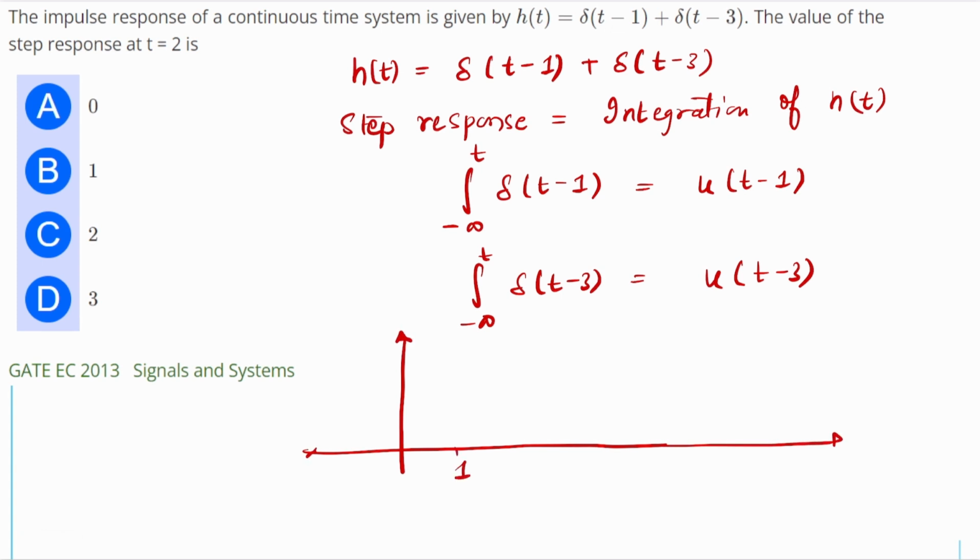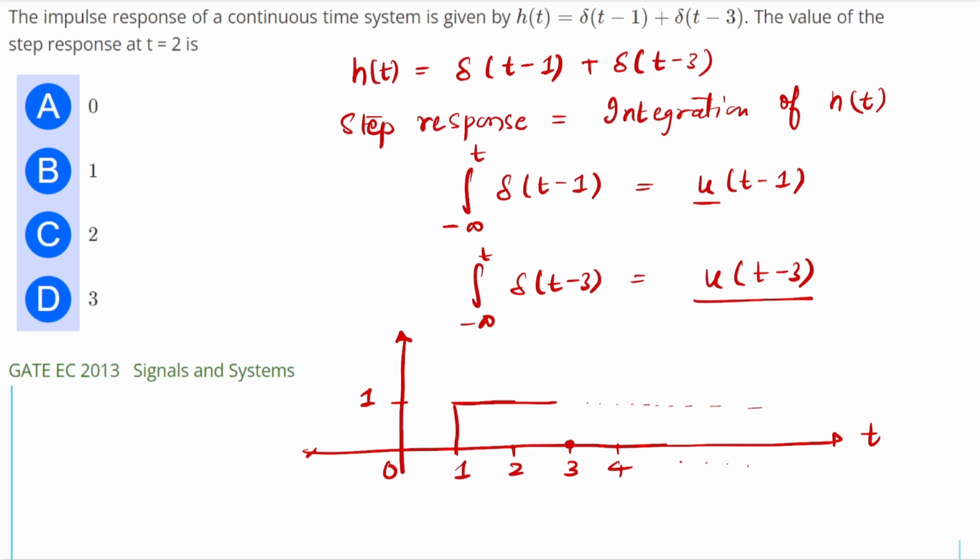So this is at 0 time, this is time t, 2, 3, 4, and so on. We don't need much of the time axis. Now the u(t) signal is starting from u(t minus 1), that is a shifted signal, so it will be present here. Here another signal is adding to this, which is u(t minus 3).